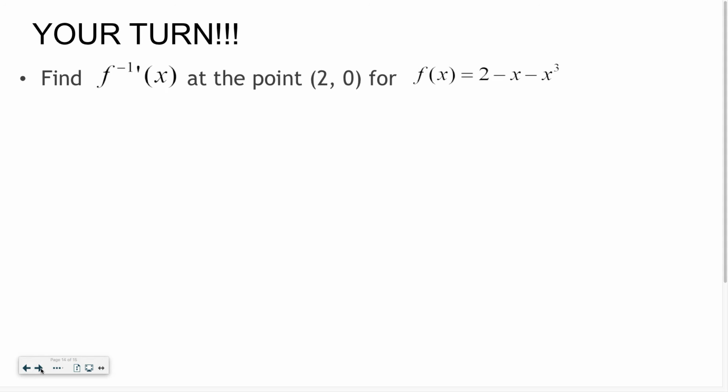Okay, so at the pod that you are now sitting in, please work together to find me the inverse derivative at the coordinate 2, 0.